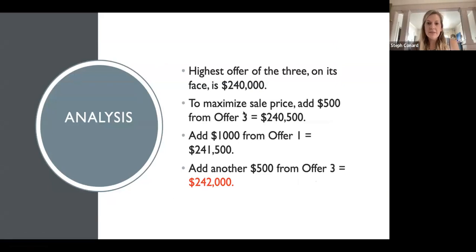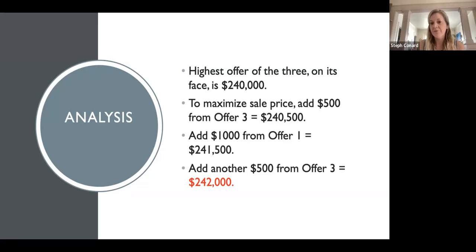So the analysis that was given is, the highest offer of the three on its face is $240. To maximize the sale price, we're going to add $500 to offer number two, based off of offer number three's terms, and get to $240,500. From there, we are going to add another $1,000 from offer number one's terms and their escalation clause.